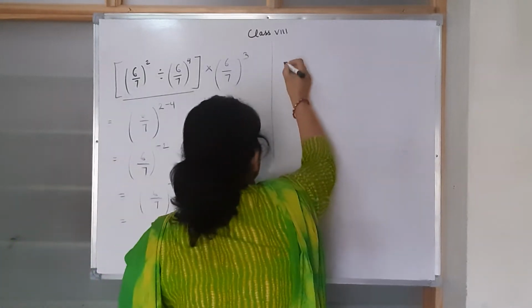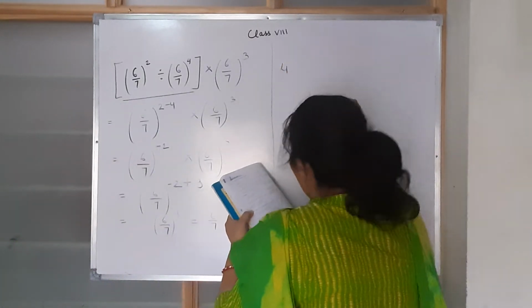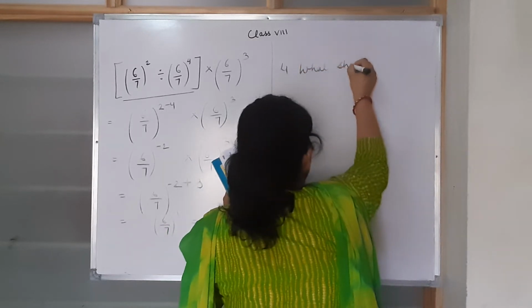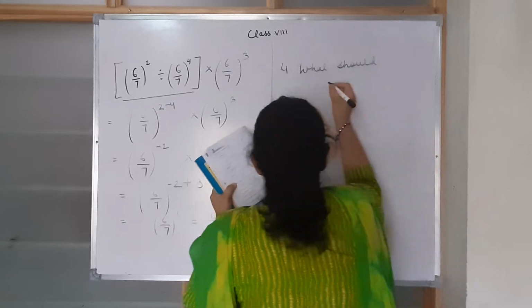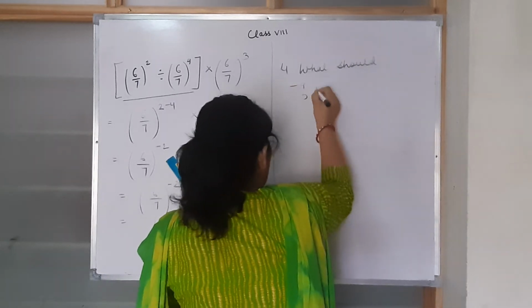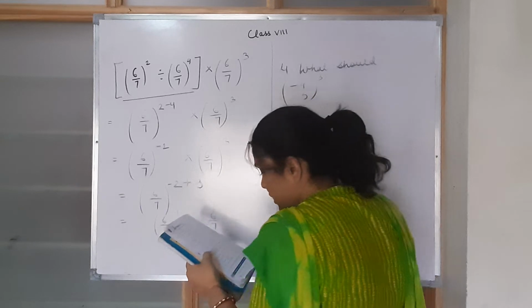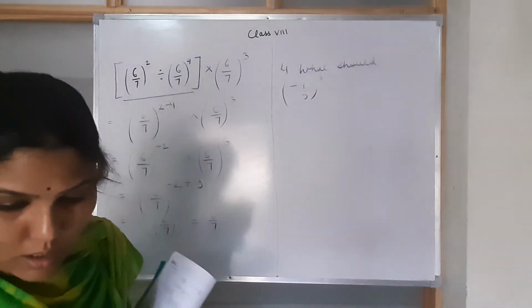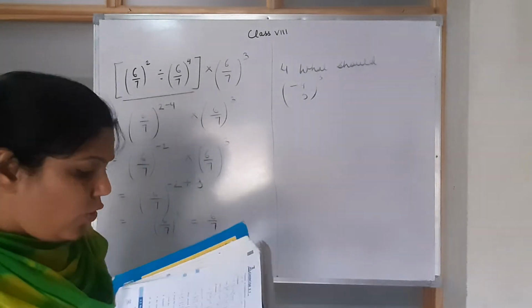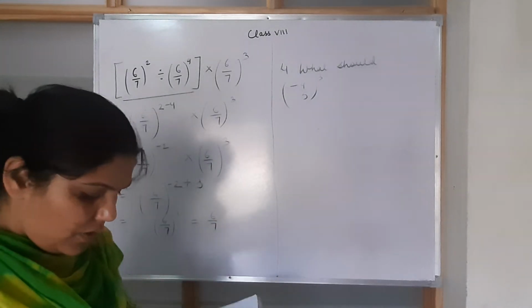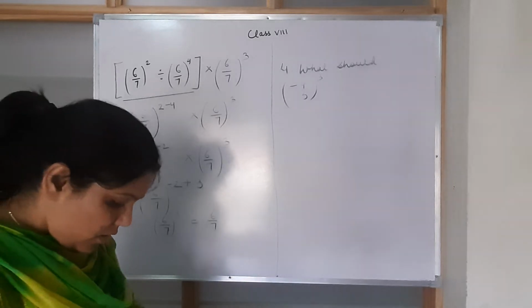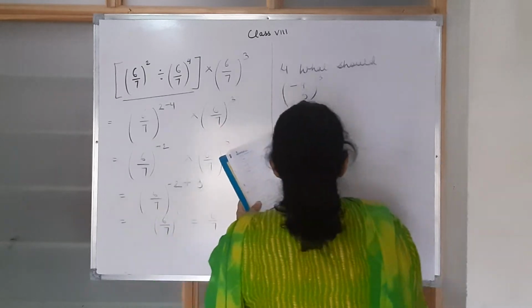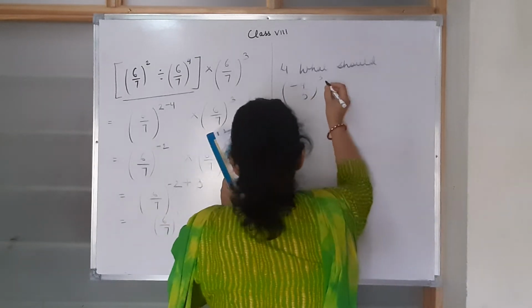Alright, our fourth question is saying, by what should (-4/5)^3 be multiplied to get (-2)^3/5^2?